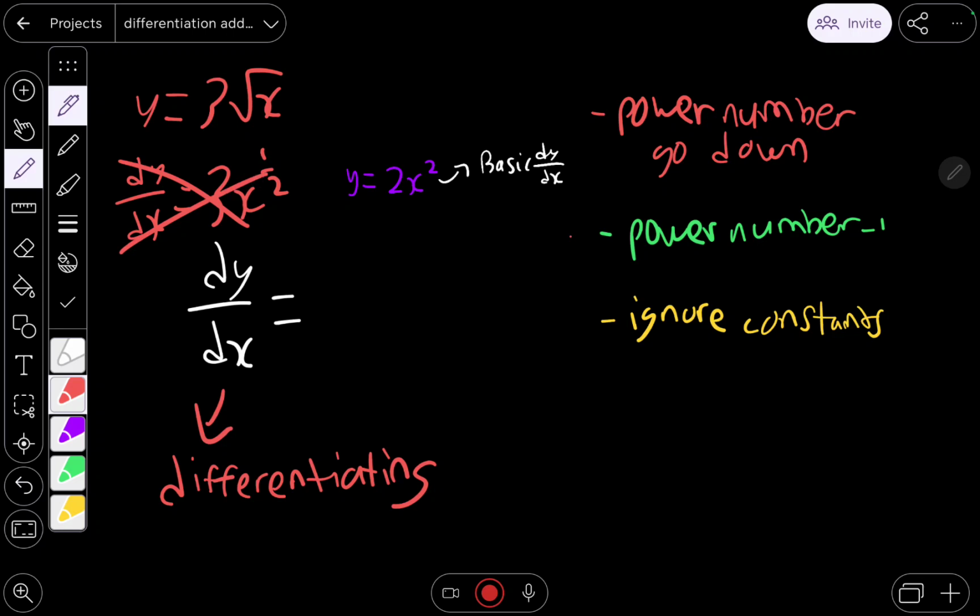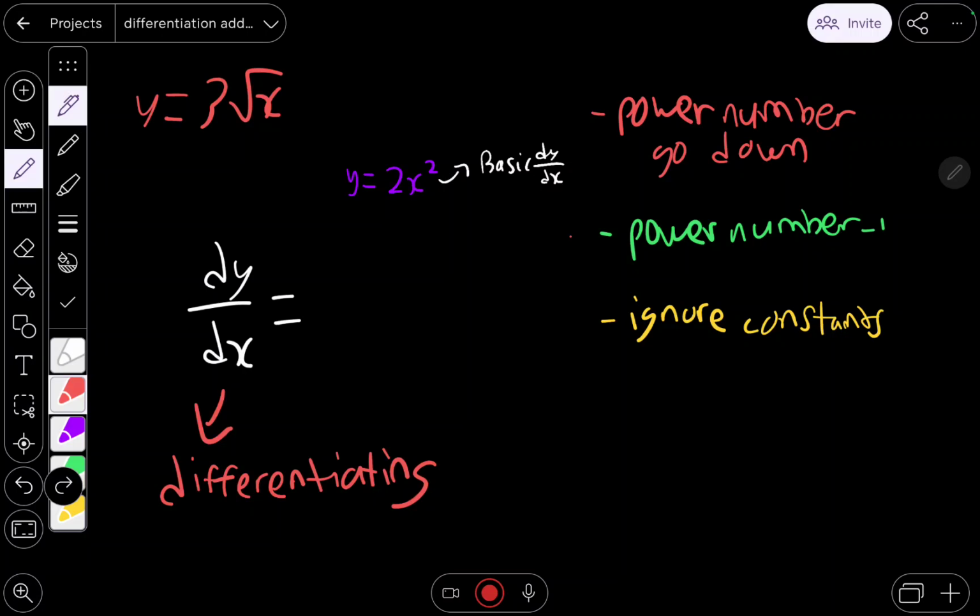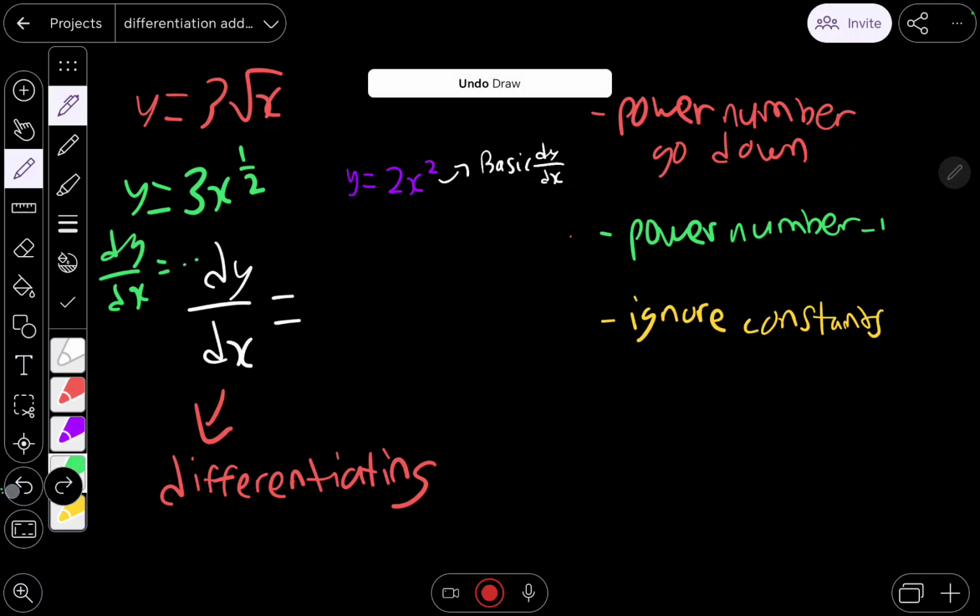Because you are just rewriting it in another form. You are not differentiating. That's why I elaborate one more time, ladies and gentlemen: when you write dy dx is when you are differentiating. So instead, you should write y equals to 3x to the power of half, and then dy over dx, which is blah blah blah.